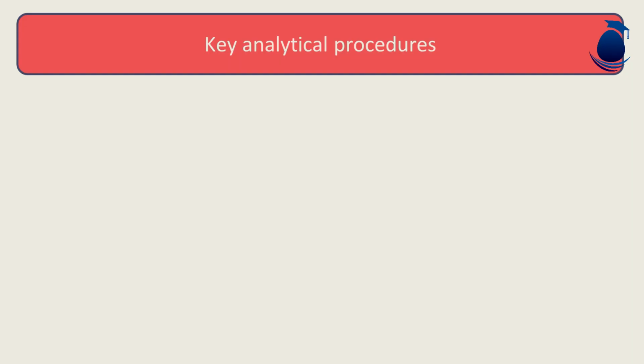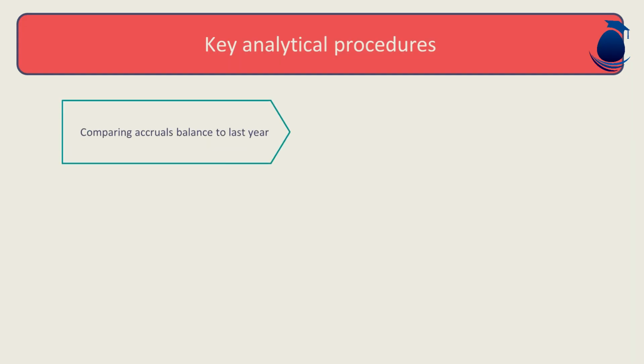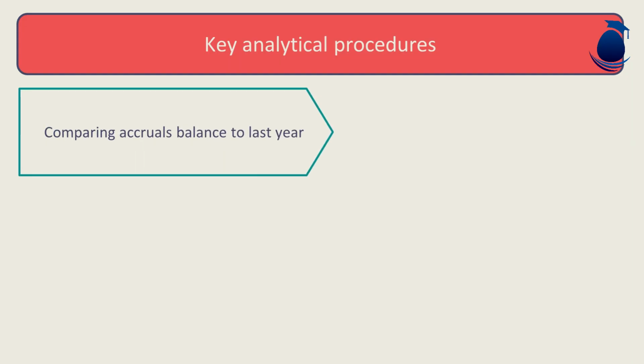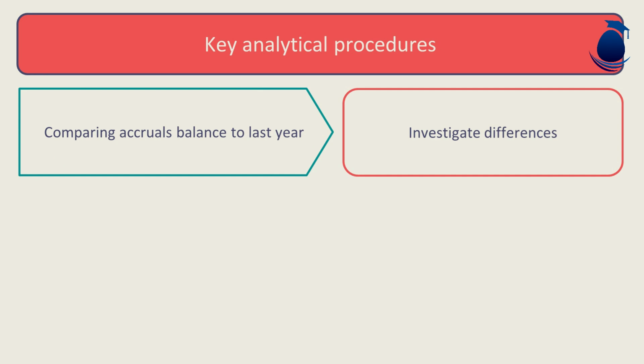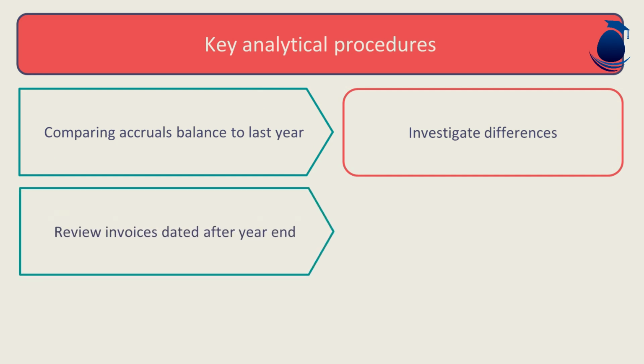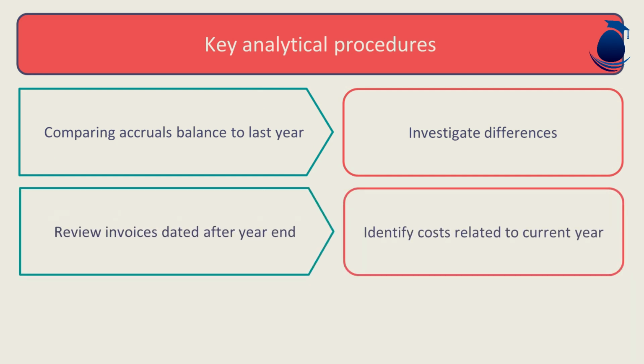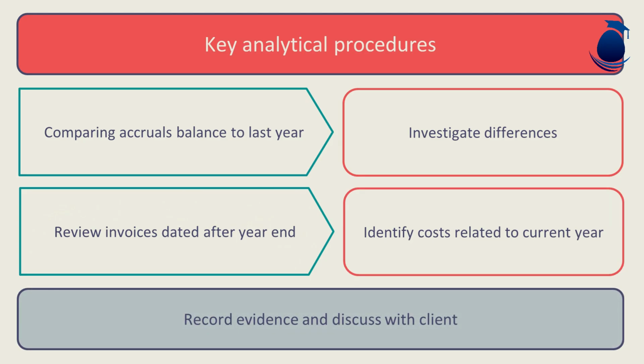Therefore, key analytical procedures include comparing the accruals balance to last year and investigating differences, and reviewing invoices dated after the year end to identify if the cost belongs in the current year. Anything found should then be recorded as evidence and discussed with the client for possible amendment.